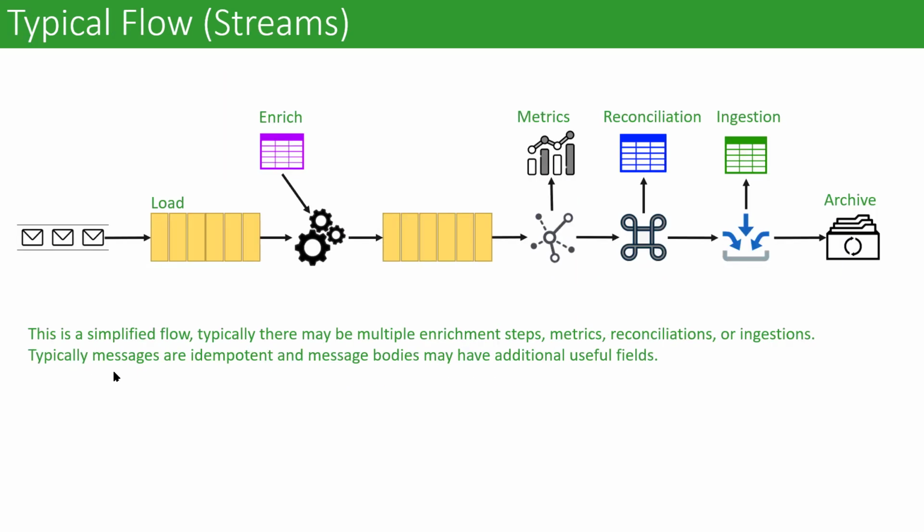So let's take a look at one of those typical flow scenarios. This one I just threw the kitchen sink at. This is every possible thing that you could do. So typically we're loading the messages raw into some store. We have some process that might do some enrichment, and so you go from bare metal message to message with additional metadata.